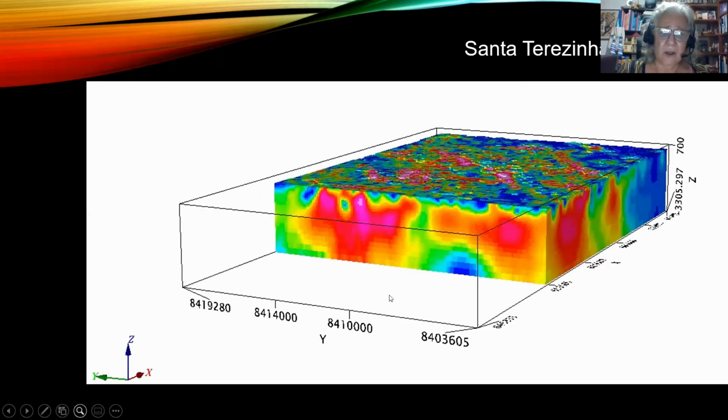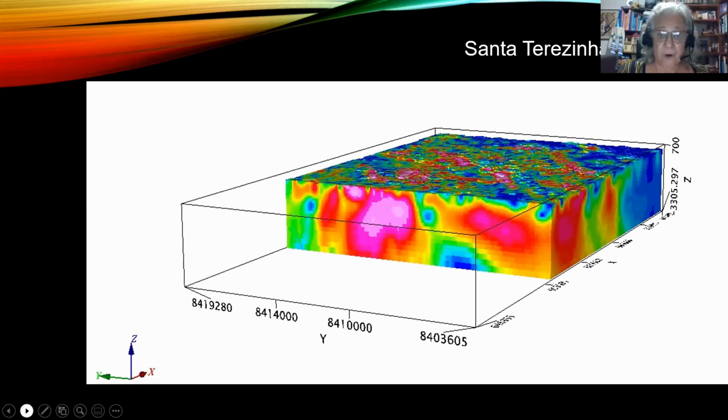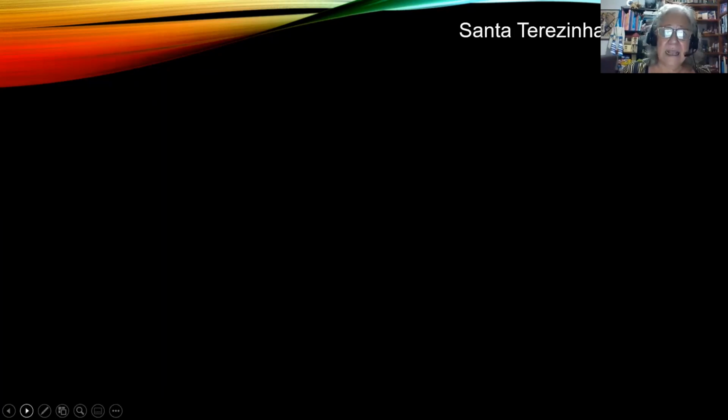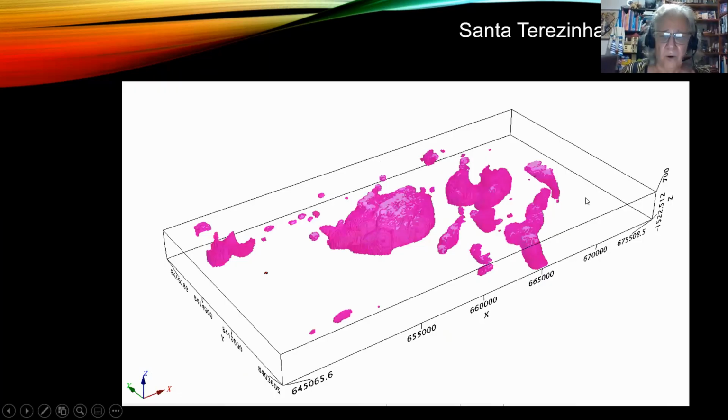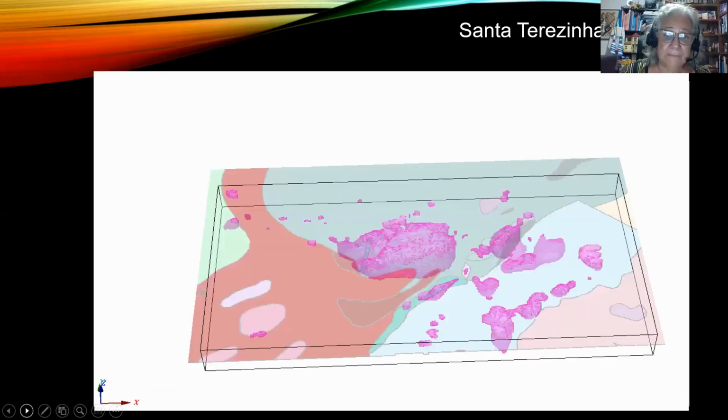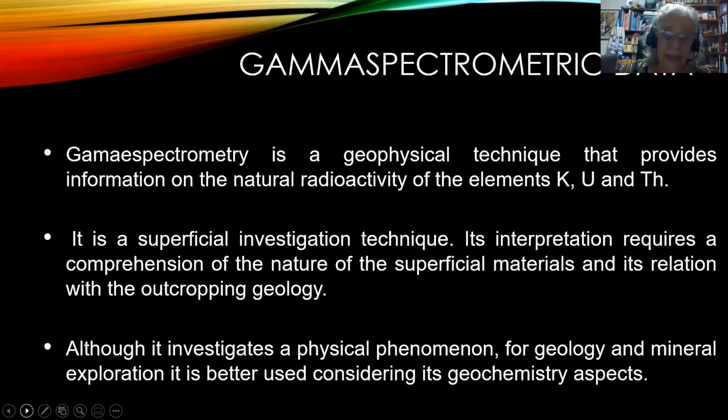So there are lots of ways of looking into the response. It's a volume, so you can extract sections and look into this, or as bodies using the higher values of susceptibility, looking together with the geology.